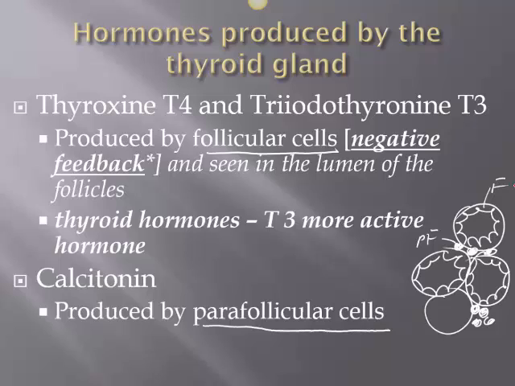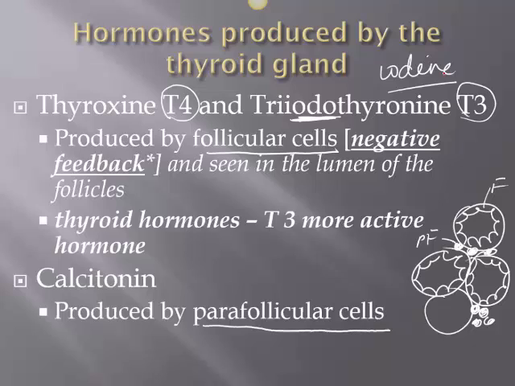From the follicular cells, you have two hormones produced, which are called thyroxine, also known as T4, and another hormone called T3, which is called triiodothyronine. I want you to pay attention to the word iodo. So these hormones contain iodine in them. So iodine is very important for production of these hormones.